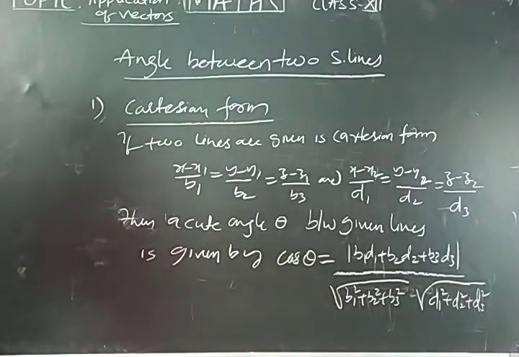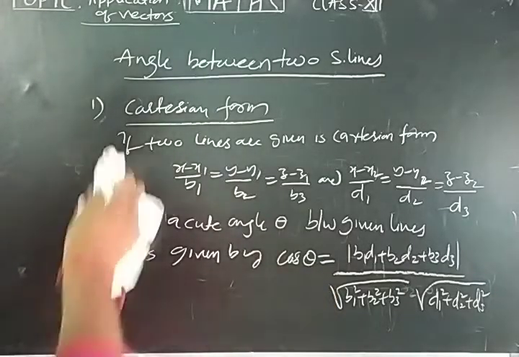This is the formula to find the acute angle between two straight lines. Right? If two lines are parallel, then theta will be 0. Right? Here, write the condition note.